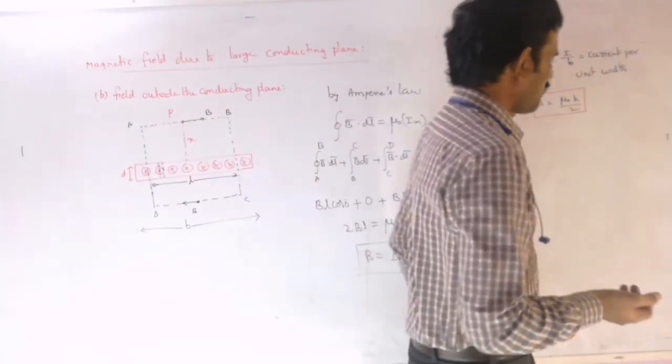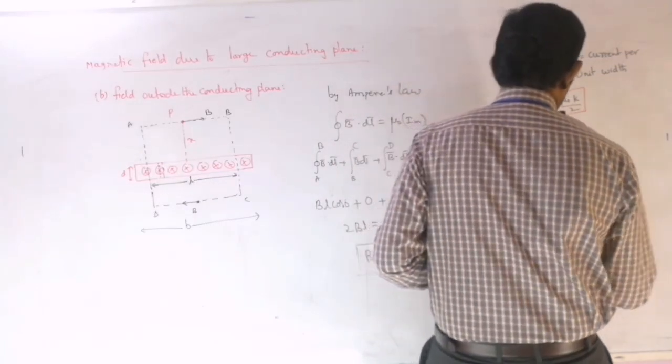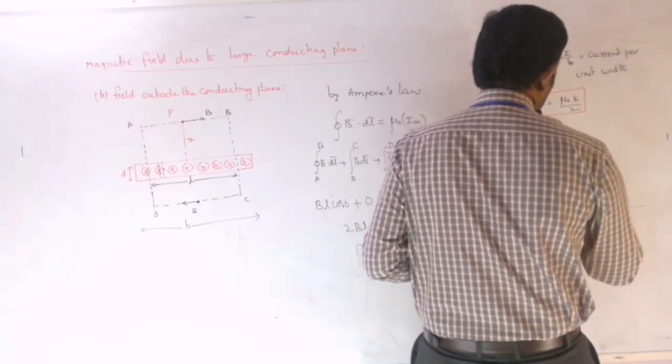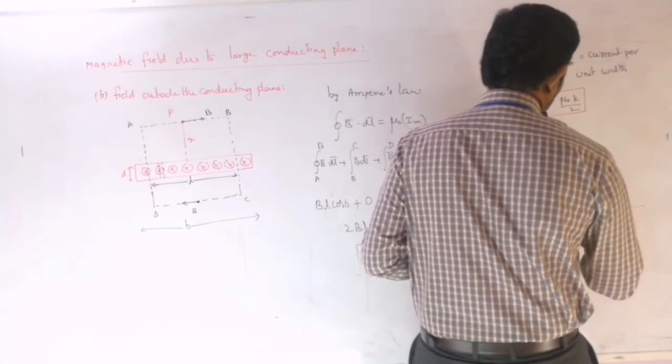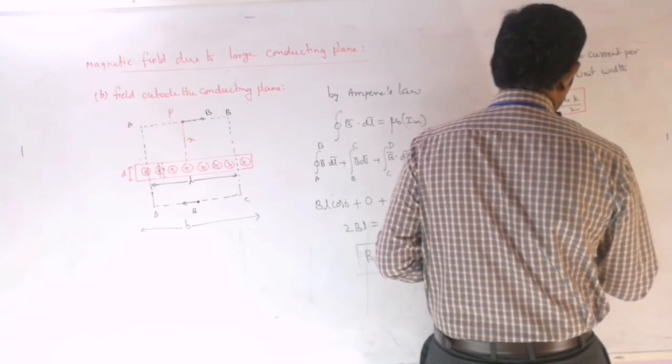So it is the magnetic field due to this plane, the derivation there. We can represent the variation of this magnetic field graphically like this. From inside, if you consider 0, then the magnetic field goes on increasing like this until you reach x is equal to d by 2.